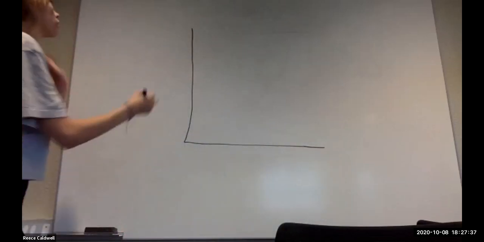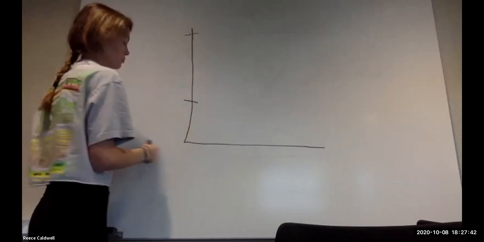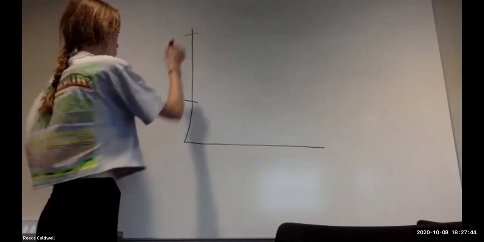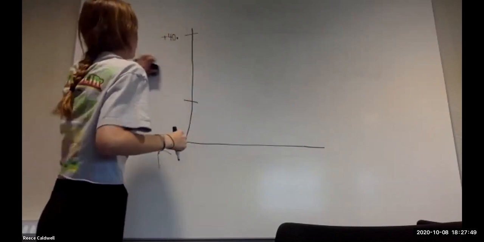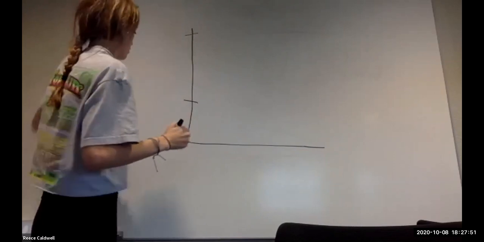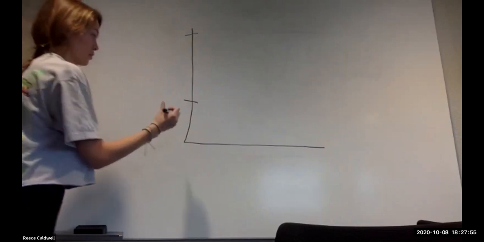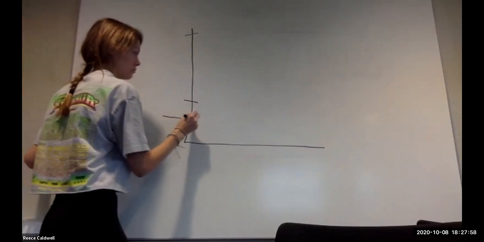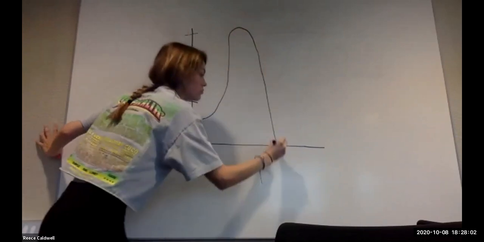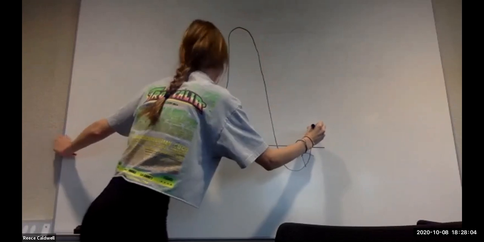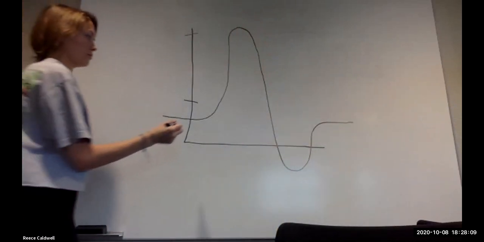Okay, so our chart. So here is what an action potential looks like whenever we draw that. That's what it should look like when you draw it out.